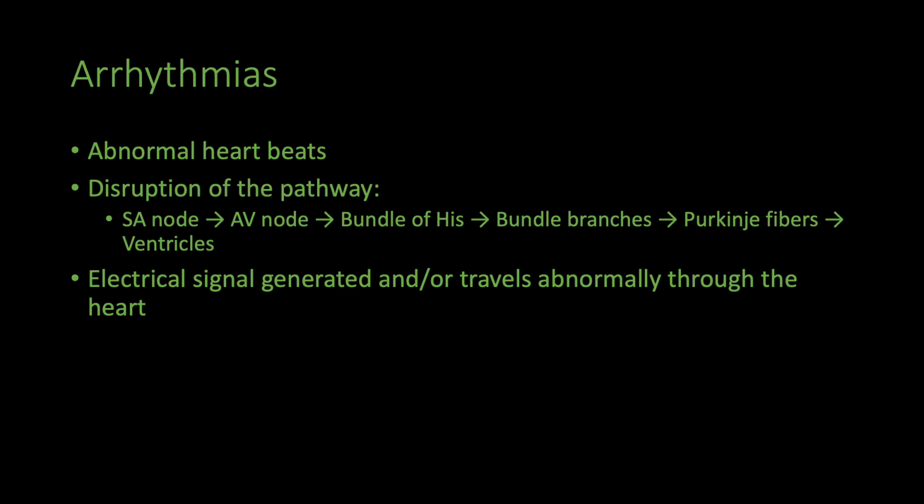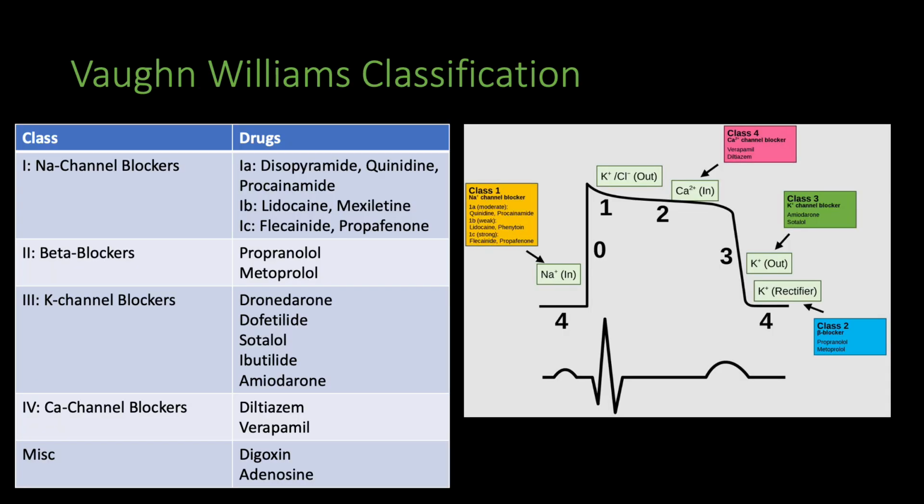It starts from the sinoatrial node, goes to the AV node, the bundle of His, the bundle branches, the Purkinje fibers, and then the ventricles, so that the ventricle can do its work in contracting and then pumping the blood out and going to other parts of the body and all of that. So that's very important.